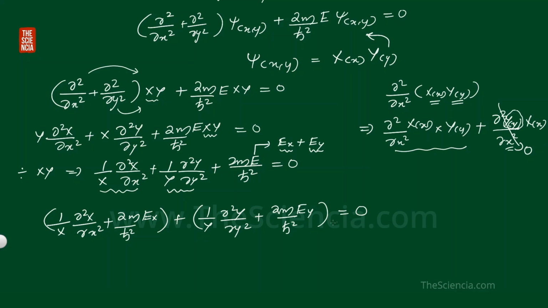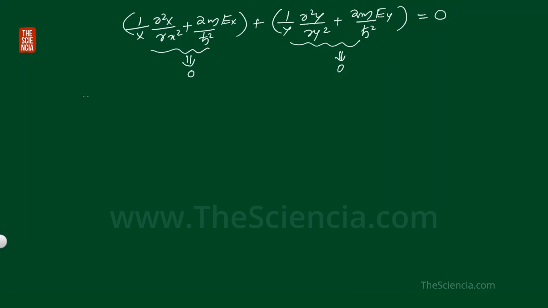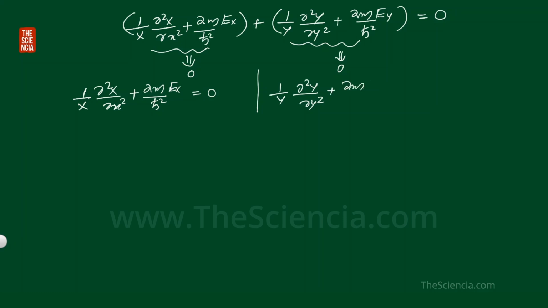So this is equal to 0 means individually this term should be equal to 0 and this term also should be equal to 0. That is, we can write 1 by X, d squared X by dx squared, plus 2m Ex by h cross squared is equal to 0, and 1 by Y, d squared Y by dy squared, plus 2m Ey by h cross squared is equal to 0.